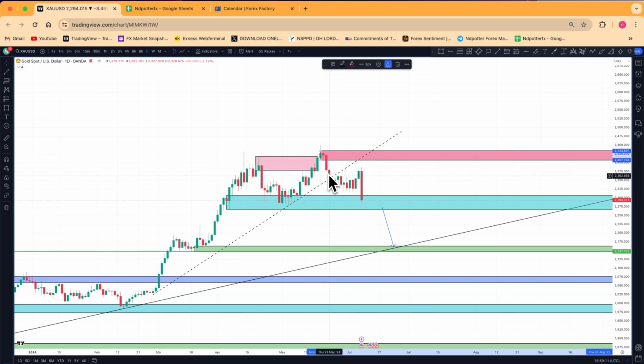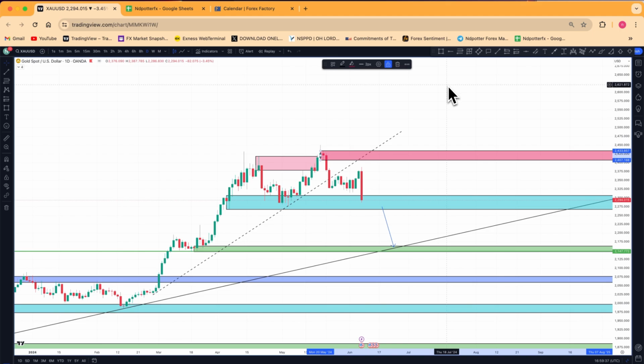So when this drop happened and I saw that this trend line got broken here, that's when I posted this chart on the Telegram group, telling you guys that I'm expecting this demand zone around this area to be taken out, so that this market comes to this bank institution buying demand zone area before we start seeing another push to the upside.